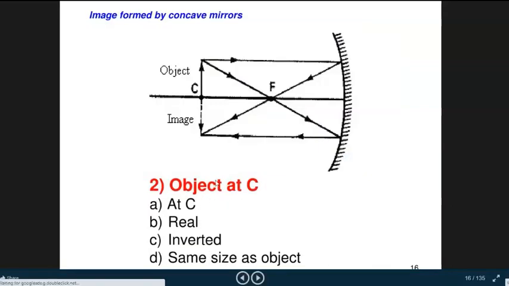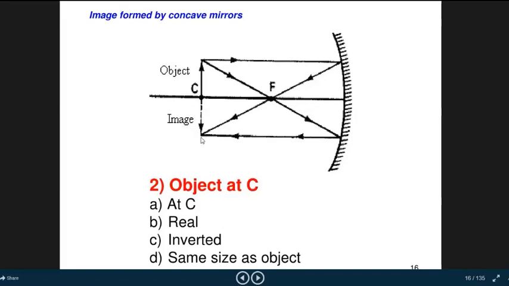Now you see this is the second situation, when object is placed at the center of curvature, then where is image formed? So you see here, this is the object. First spatial ray has been drawn parallel to the principal axis, then after reflection it will pass through the focus. Then we have to draw second spatial ray passing through the focus, then after reflection it becomes parallel.